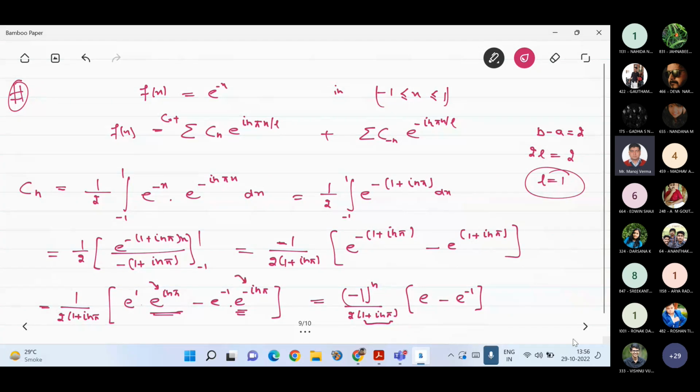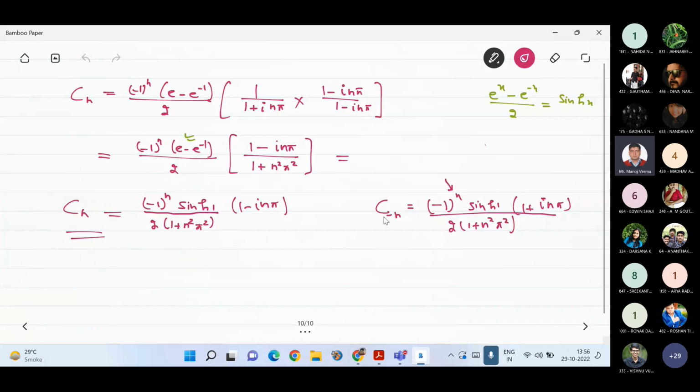So please do not get confused. If I am writing C minus n from this equation, then why am I not using minus n at this point, -1 raised to the power minus n? No, it will be just -1 raised to the power n, because from where it is coming, the negative sign of n does not create any change.